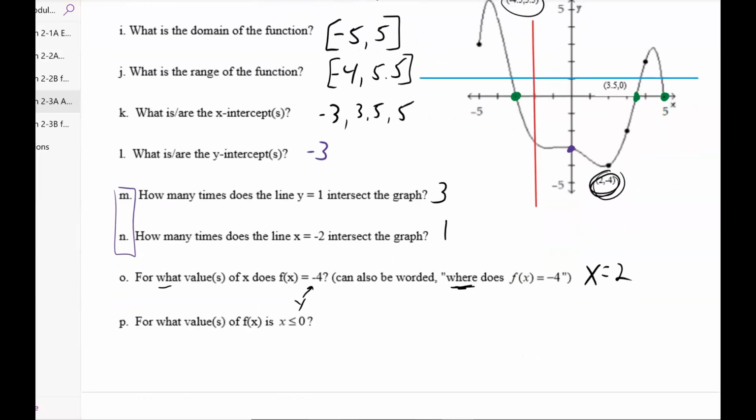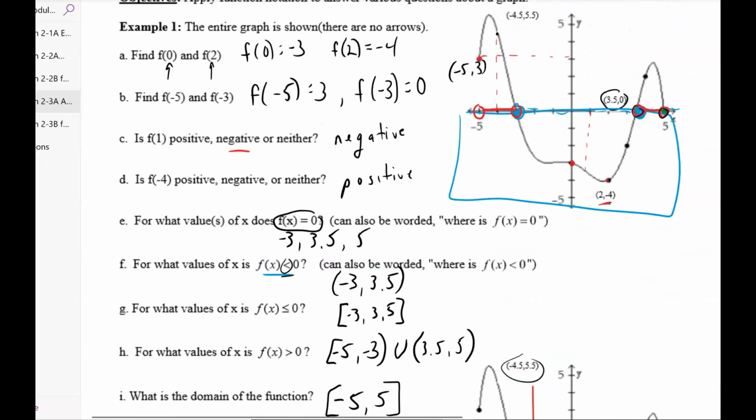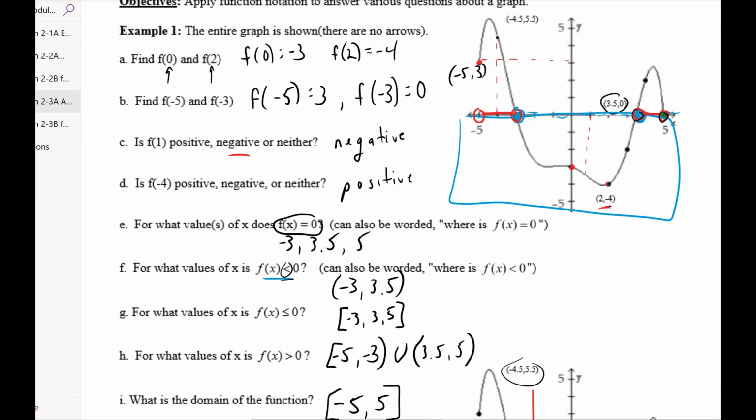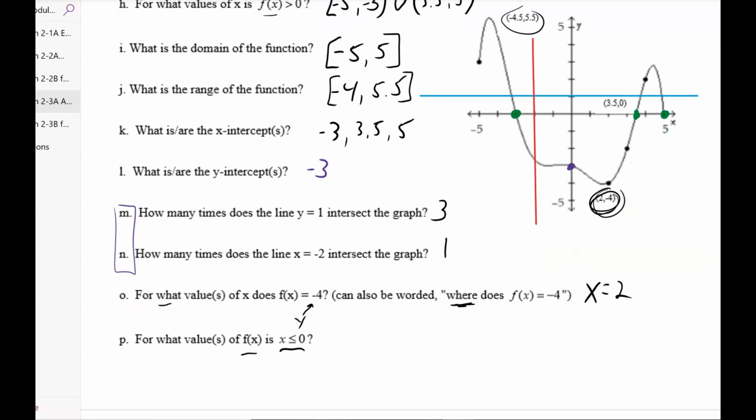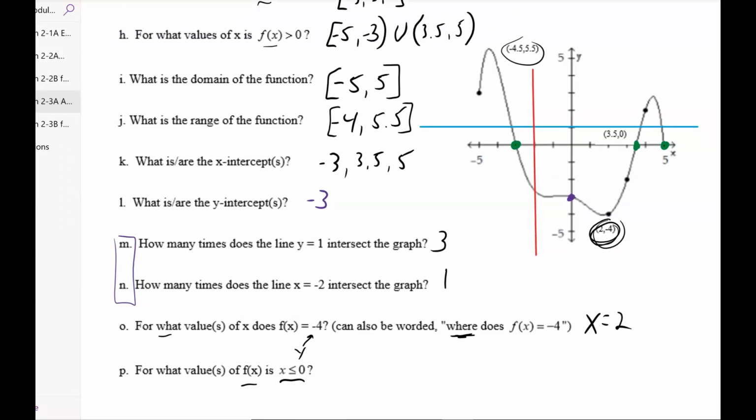And last question here, for what values of f of x is x less than or equal to 0? So now we're looking for y's where x is less than or equal to 0. Up here, we were looking where f of x is less than or equal, or greater than, but now we're looking at x. So this is going to be looking at where x is less than or equal to 0. Let's choose blue, we don't have much blue on here.